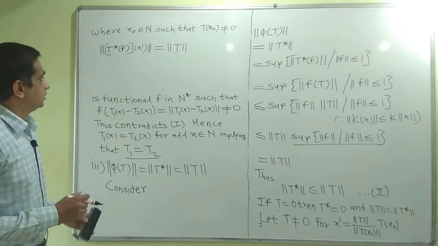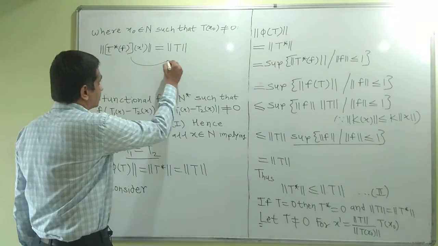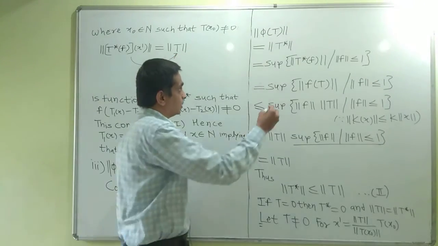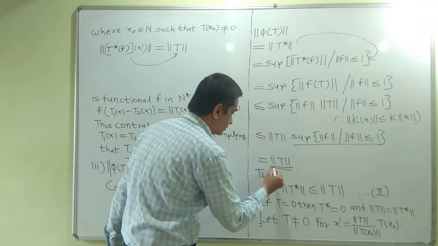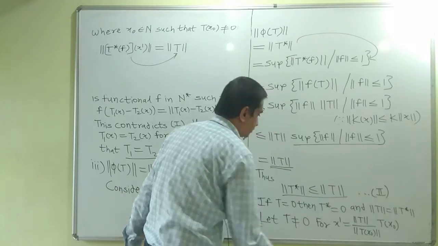Anyway, now take into account two things. Norm of T star equals this, and actually it is less equal to norm T. So this is what we have proved.